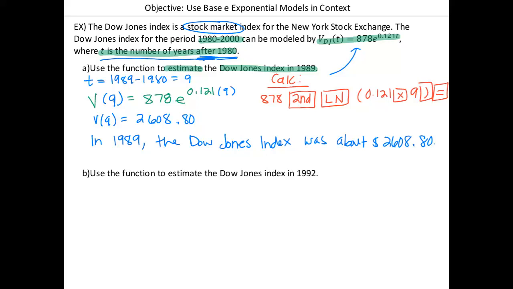Okay. Part B is pretty much the same, except part B is you're estimating in 1992. So for 1992, what is our T going to be? Go ahead and righties, share with your runner. Righties, what would T be in part B?